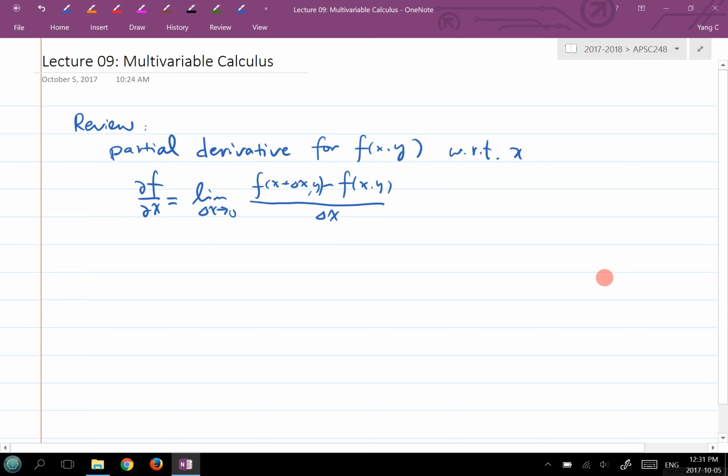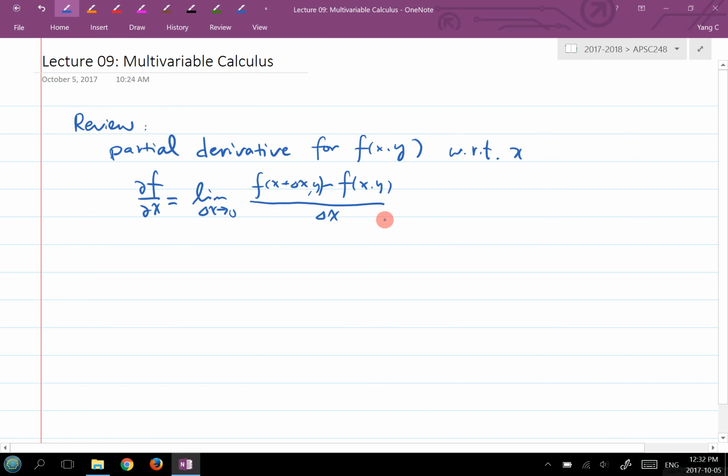In the previous lecture, we learned about what multivariable functions are and how we take calculus of multivariable functions. Given, for example, a function of two variables, so that's a multivariable function, if we're interested in the partial derivative of f with respect to x, this will be the definition.